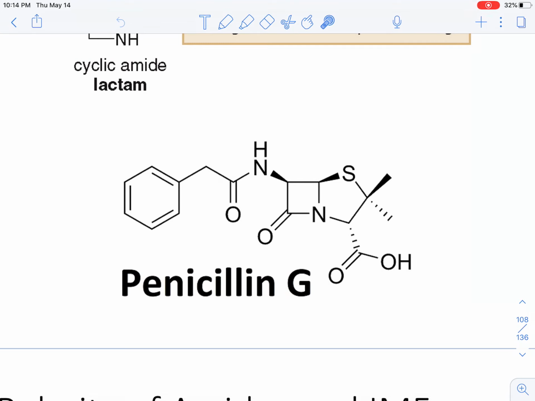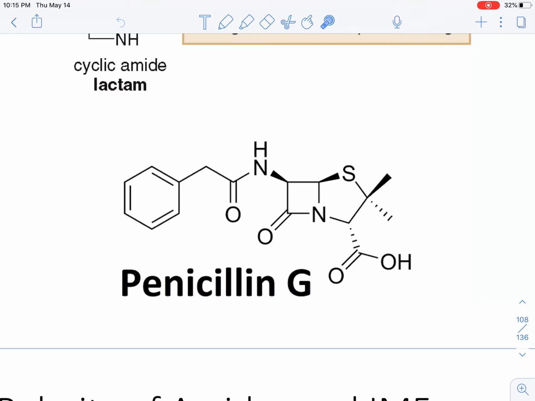Penicillin kills the bacteria through binding of the beta-lactam ring, which is this, to an enzyme called transpeptidase. Transpeptidase's main function is to cross-link the cell wall, making the cell walls sturdy, if you will.